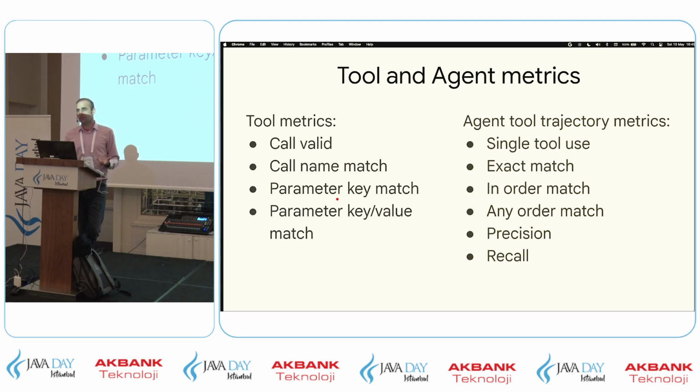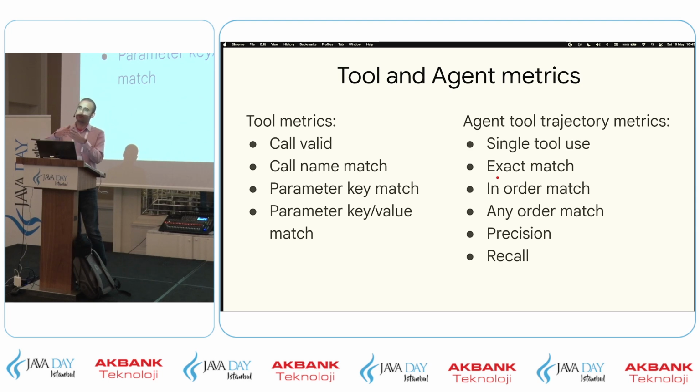Now for agents, they use tools, so you can measure if it's calling a certain tool, single tool use, but it also calls multiple tools, right? And you want to make sure that those tool calls are in the order that you expect, what's called trajectory. For that, there are things like exact match.